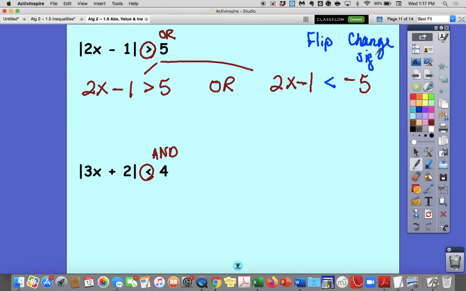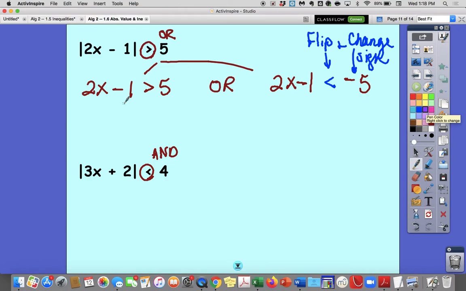Flip and change. If you're wondering why we didn't flip it in an equation, if you flip an equal sign upside down, it's still an equal sign. That's one way of thinking about it. It doesn't make any difference. It's just equal to that one number.